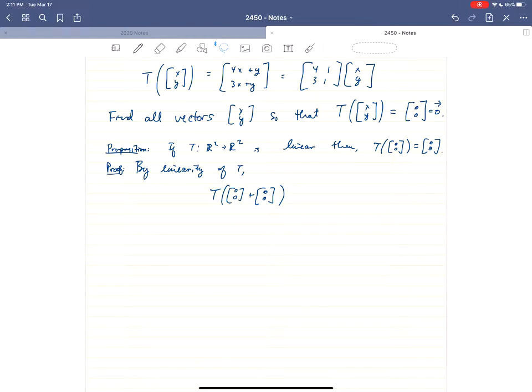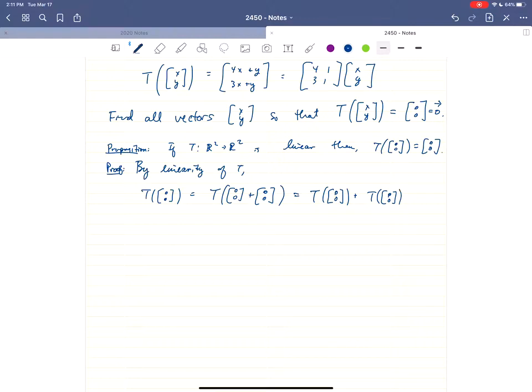So just by linearity of T, I can write T of 0, 0 as T of 0, 0 plus 0, 0. And by linearity, this is T of 0, 0 plus T of 0, 0.